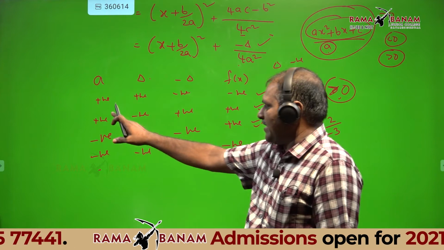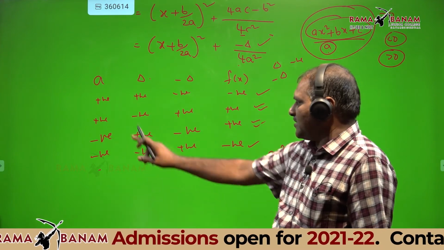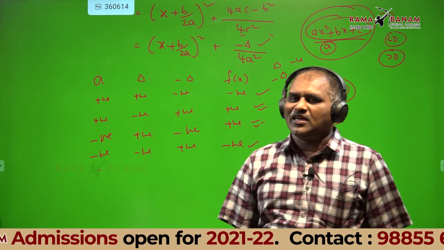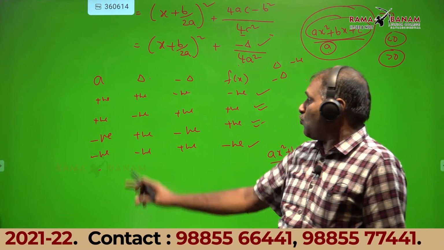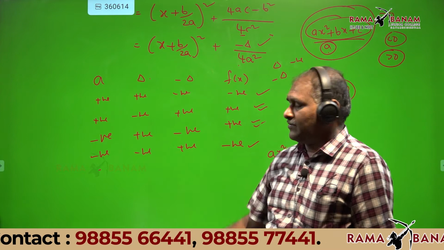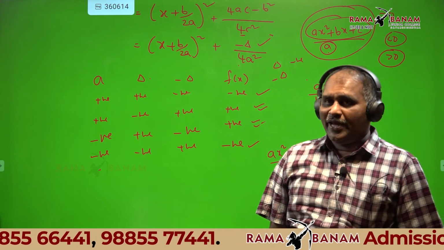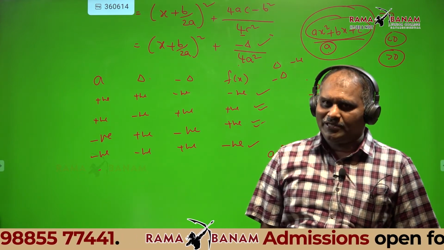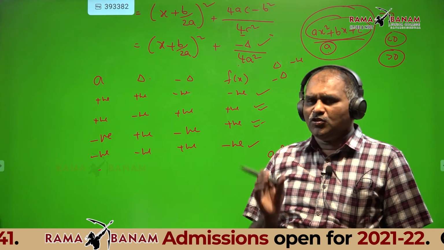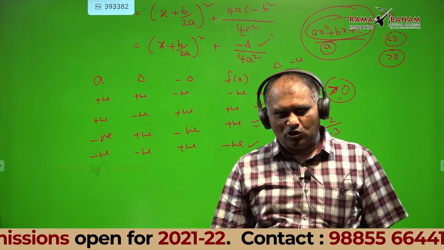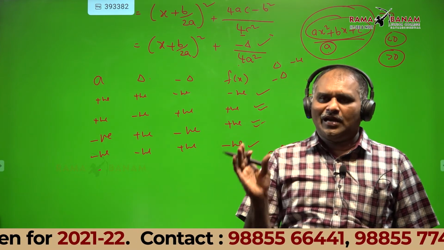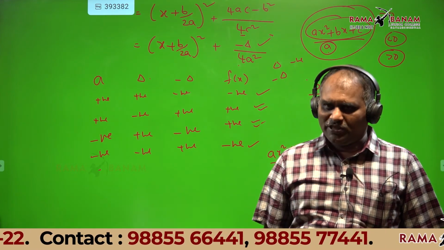Positive means the second case and third case. In the second case, what is the sign of a? Positive. What is the delta sign? Negative. Opposite signs or not? Yes, sir. Therefore, a quadratic expression greater than 0 means a and delta have opposite signs.